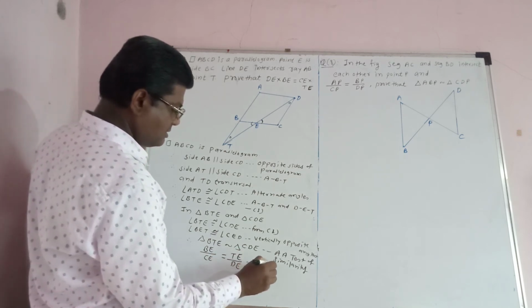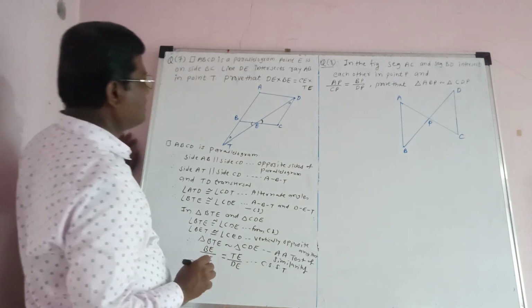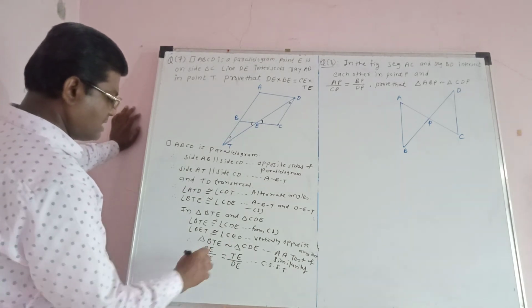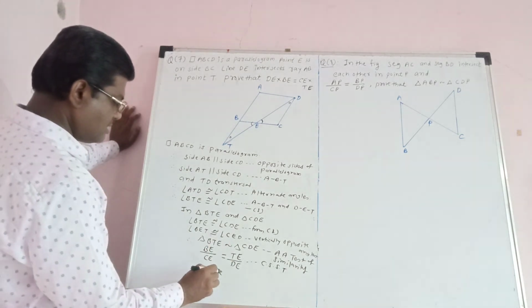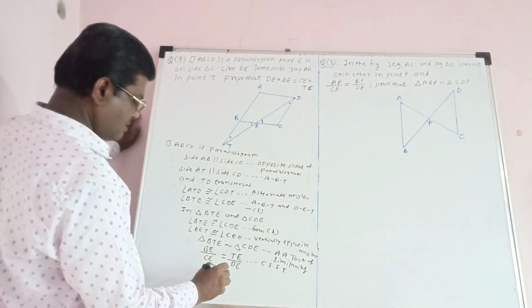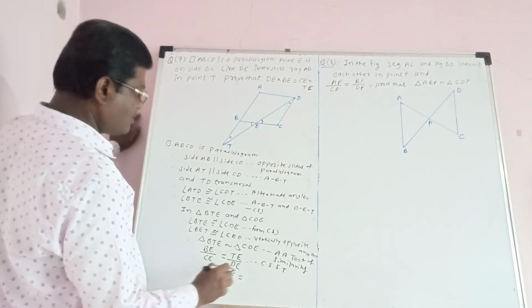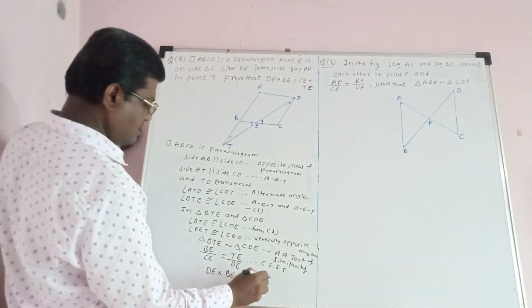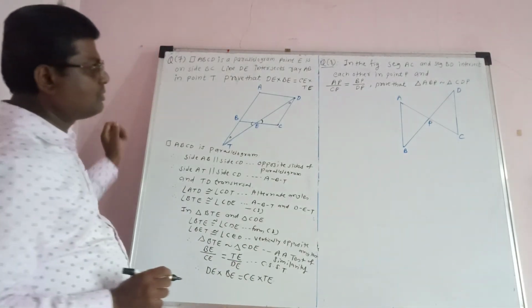This is the CSST. Therefore, by cross multiplication, DE into BE is equal to CE into TE, which is the proof.